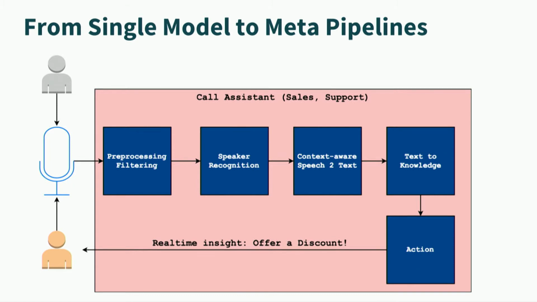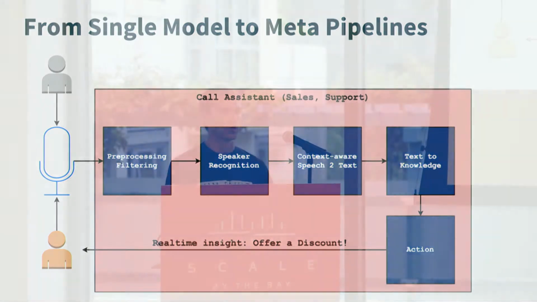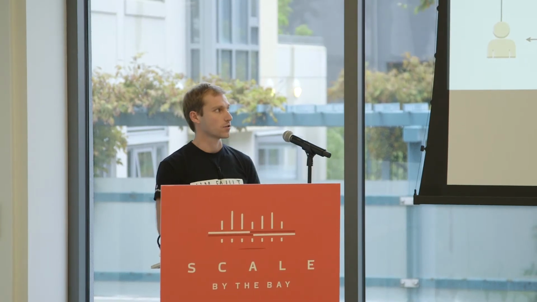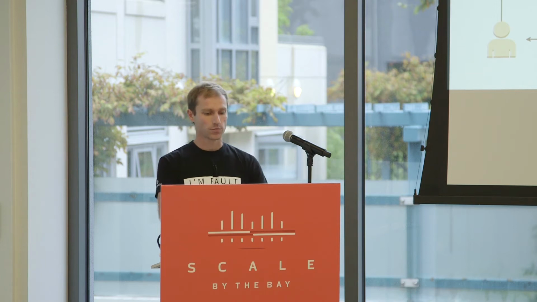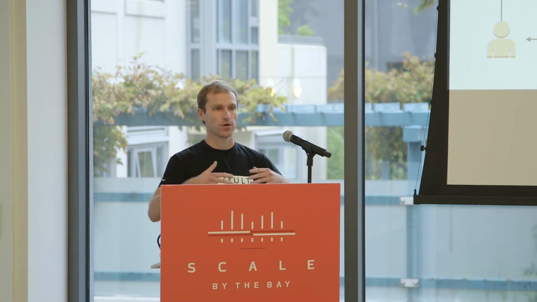In this case, we have a call assistant application that listens to the conference audio, filters and pre-processes it, recognizes the speaker, does some context-aware speech-to-text translation, extracts knowledge from that text, and then provides some action. For example, if it's a sales call, it could drive this call and offer a discount. I'm not providing you a reference architecture for this type of use case, just giving you an idea of what type of meta pipelines I'm talking about today.